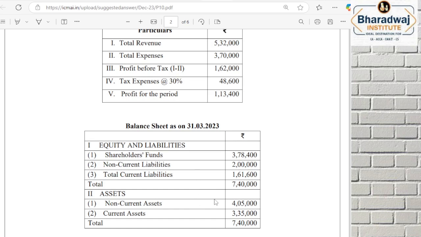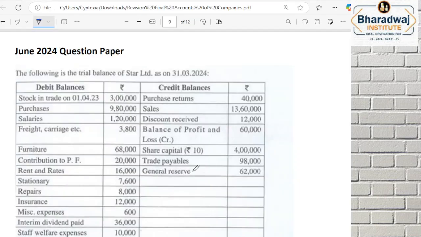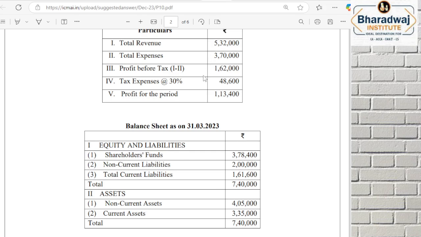Hope you tried this. If not, please pause and try this. Of course, this is a suggested answer from the Parent Institute website. Next. I request you to pause and try this. Pause and try this.